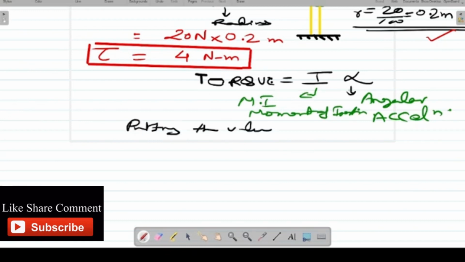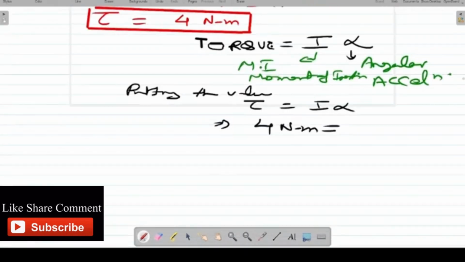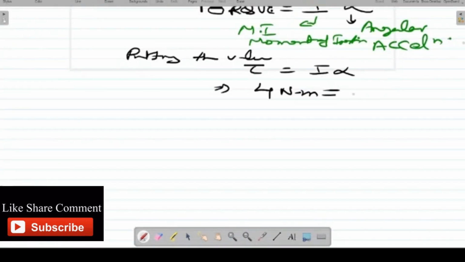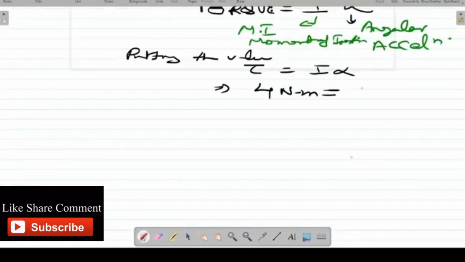Putting the values, torque equal to I alpha implies torque equal to 4 Newton meter equal to I alpha. I is the moment of inertia, which we can take from the question: 0.20 kg per square meter. So 4 Newton meter equals 0.20 kg meter square into alpha.